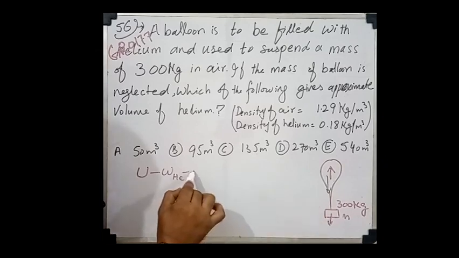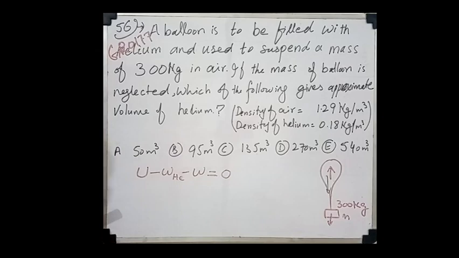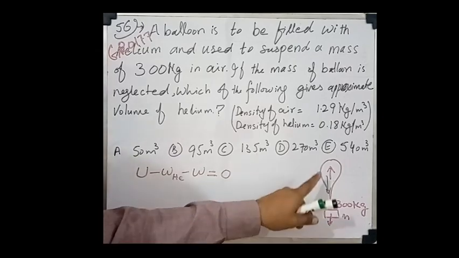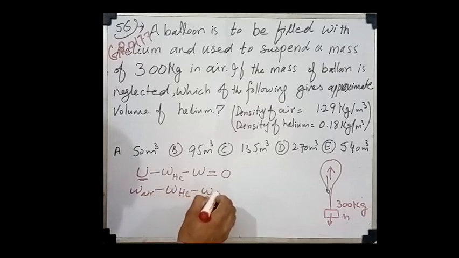So the net force will be 0, so that we can suspend this mass. Now this is the upthrust force, which will be equal to the weight of air displaced according to Archimedes principle. This is the weight of helium, and this is the weight of this mass, and the sum equals 0.